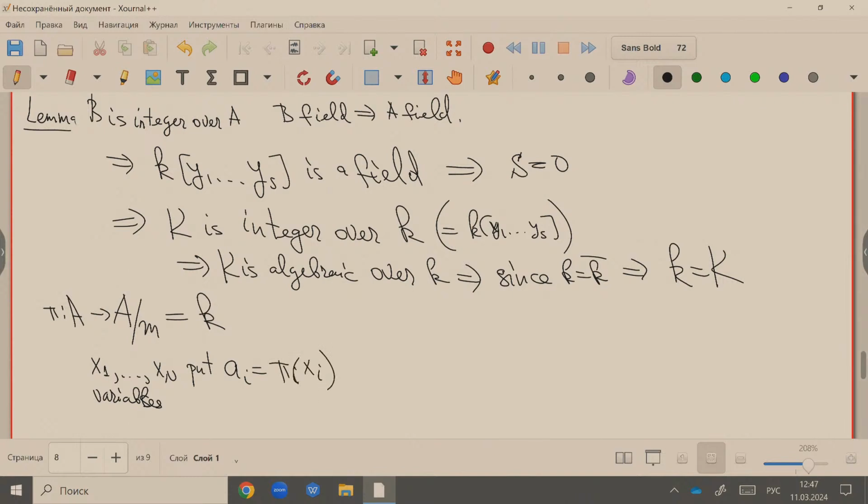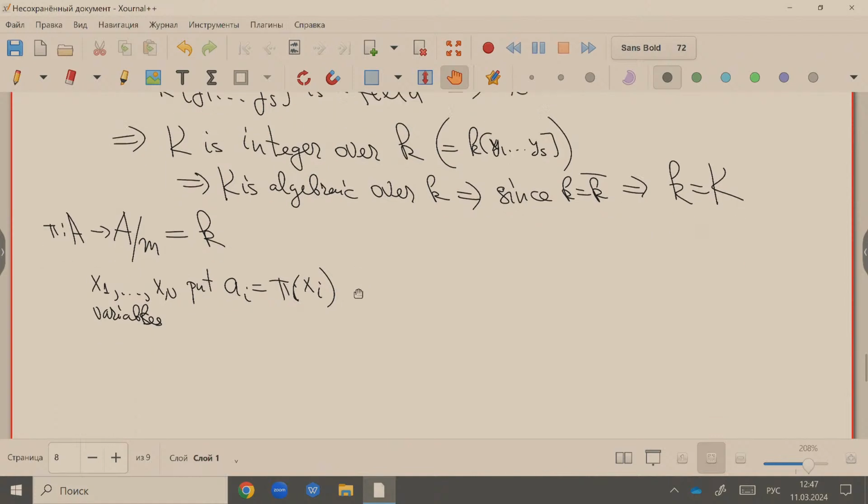These are precisely candidates for the coordinates.